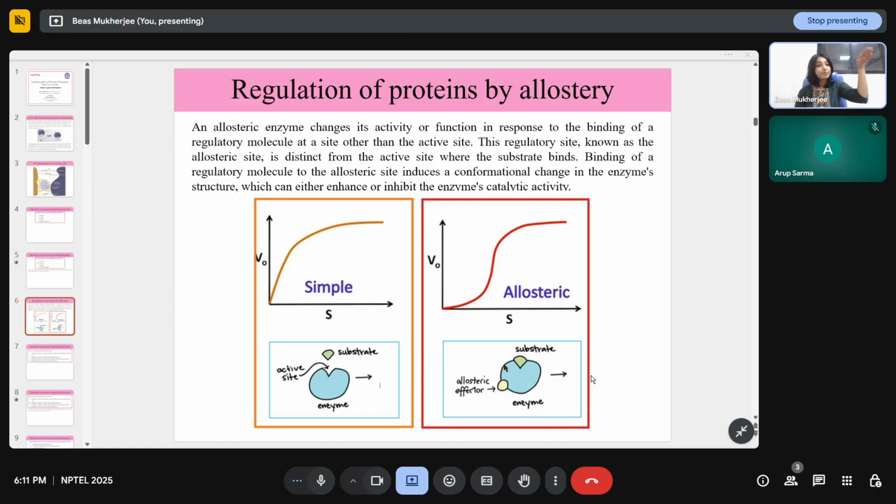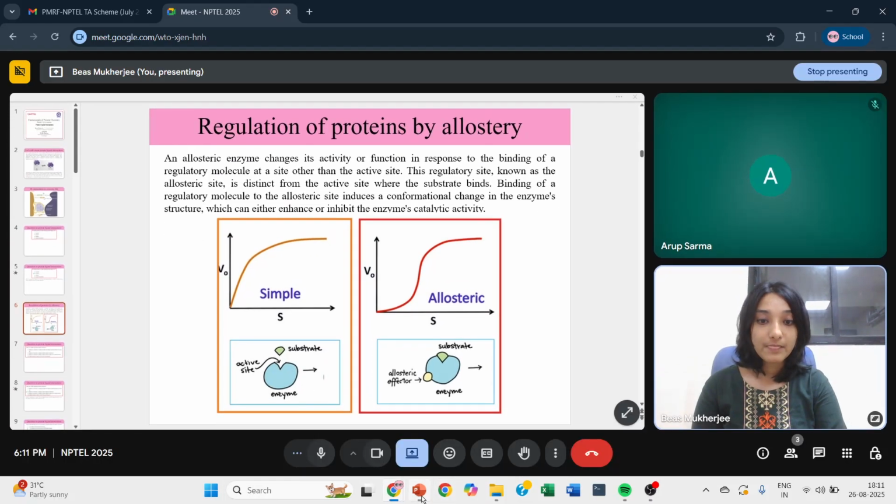So this is a hyperbolic curve. But when there is allostery, initially it rapidly increases and then it undergoes this saturation phase. So this is an S-shaped or sigmoidal curve. One is hyperbolic, the other is sigmoidal. These are very important questions that you can expect in your exams. Okay.